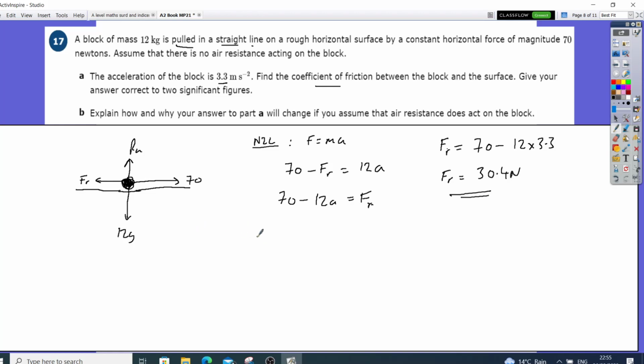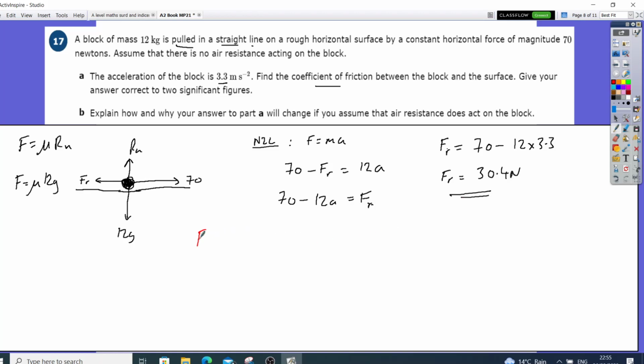Now we also know a formula about friction, that when it's active, the maximum friction will be mu times Rn. So in this case, friction will equal mu times Rn, which is 12g. So let's bring that into our equation.